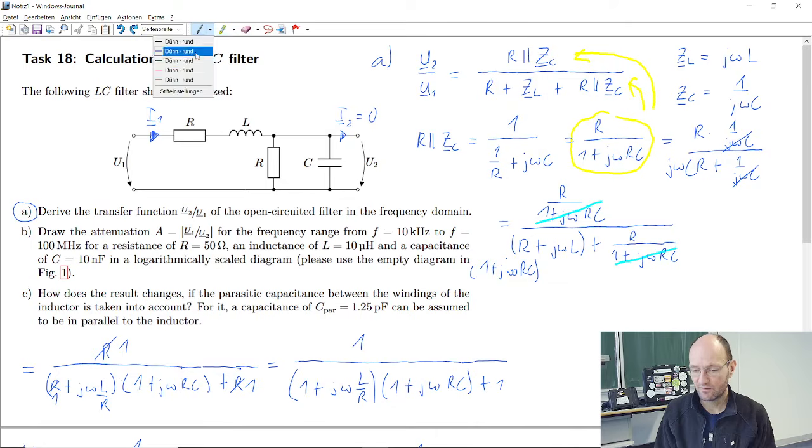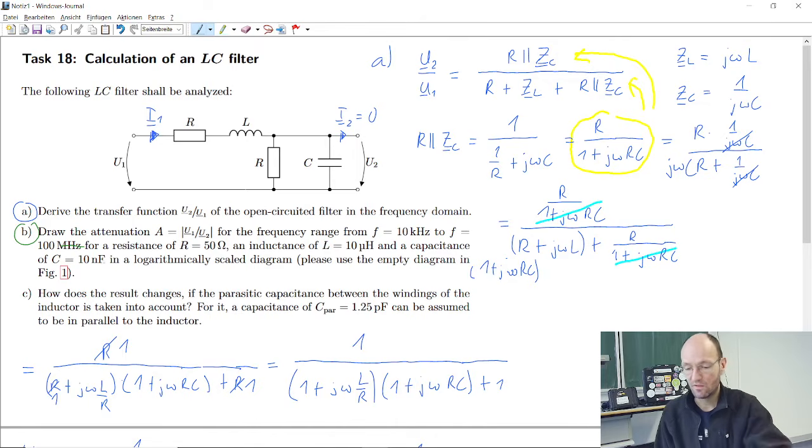Then the next step in task B is to draw this as some attenuation, and the attenuation is the reciprocal fraction, the input voltage divided by the output voltage, and then just the magnitude of this for a frequency range from 10 kilohertz to 100 megahertz.